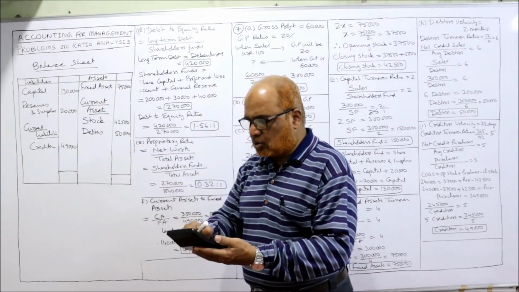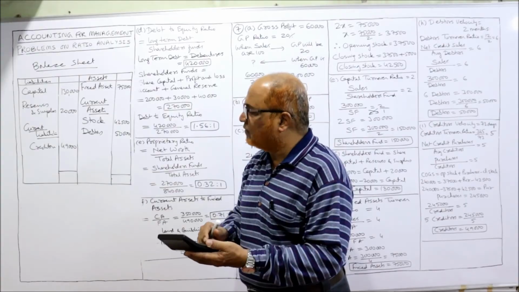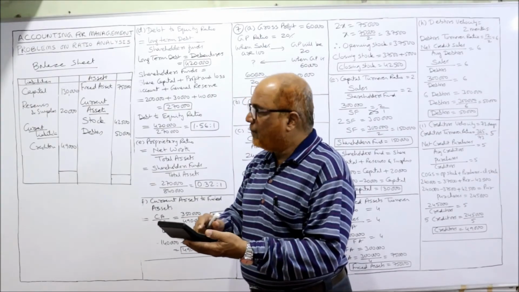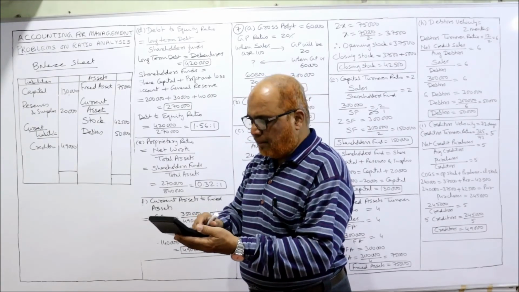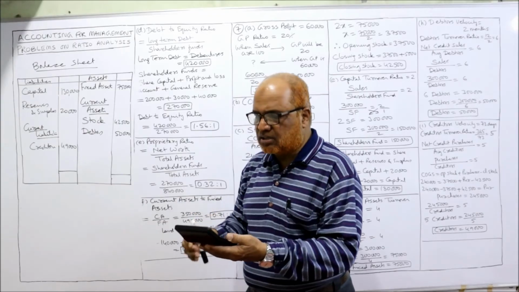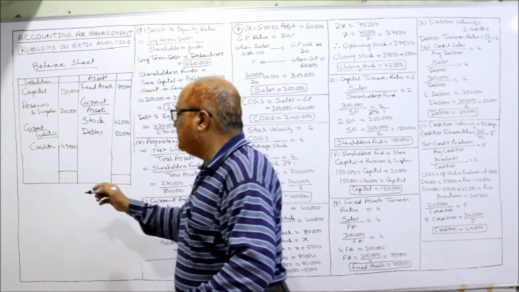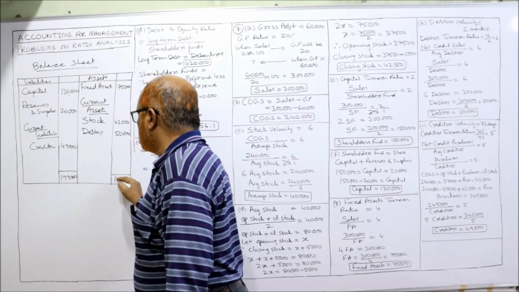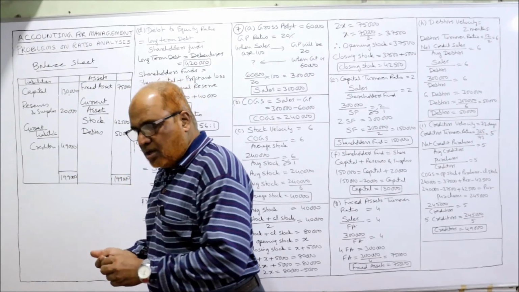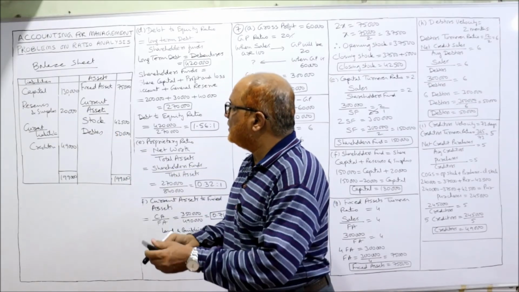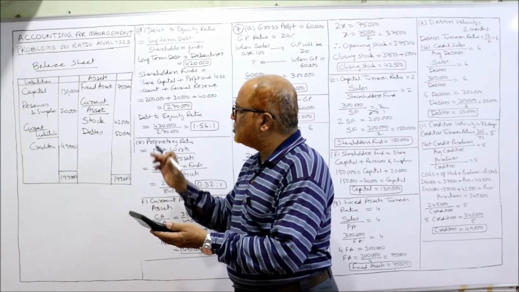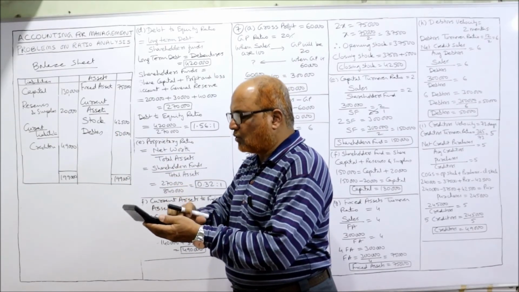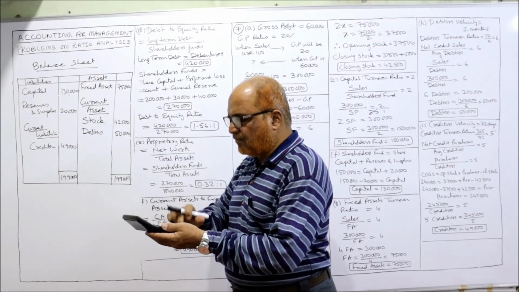So first you take the total on the credit side: 1,30,000 plus 20,000 plus 49,000. It comes to 1,99,000. So we are getting 1,99,000. Now see the asset side: 75,000 plus 42,500 plus 50,000.